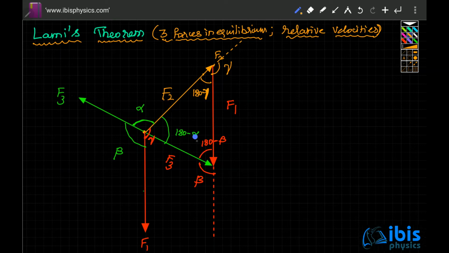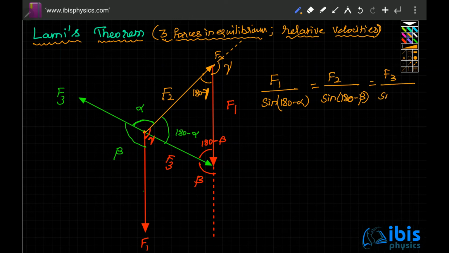So F1 by sine of its opposite angle, 180 minus alpha, and F2 by sine of its opposite angle, 180 minus beta, and F3 by sine of its opposite angle, 180 minus gamma.